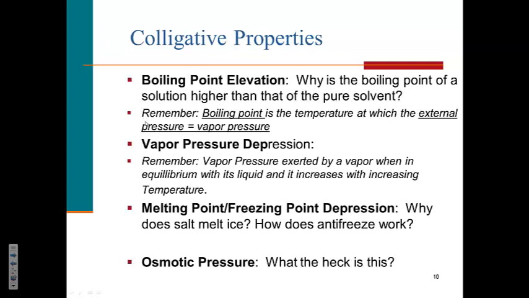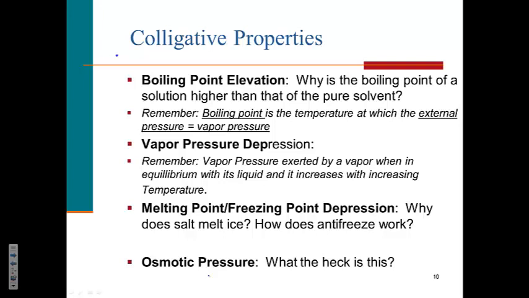All right. Some other properties of solutions. We talked about the tendency to settle, and we talked about the Tyndall effect and how to separate them, and now these colligative properties. There are 4 types of colligative properties we're going to talk about: boiling point, vapor pressure, melting point, and osmotic pressure. Now what does colligative mean?